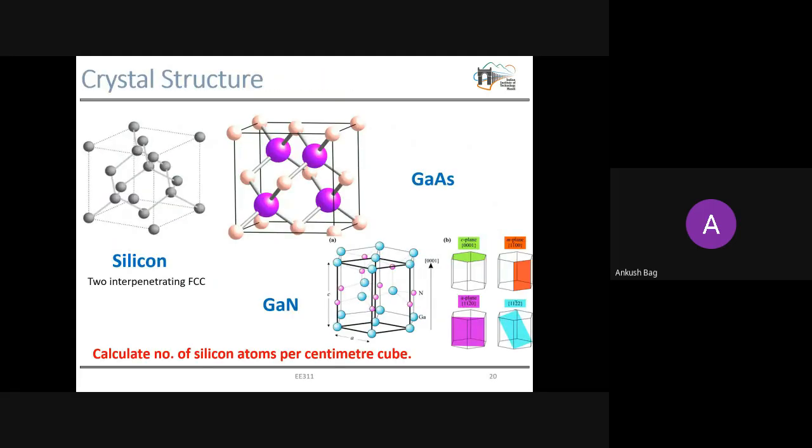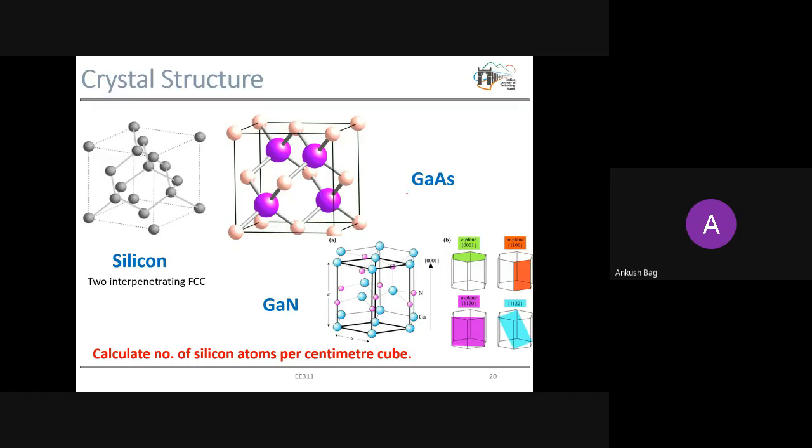So this is some concept regarding your bond model. And then we have crystal structure. You have seen that in case of silicon, we have this diamond crystal, which has 2 interpenetrating FCC. Now in case of gallium arsenide, this is called zinc blende.